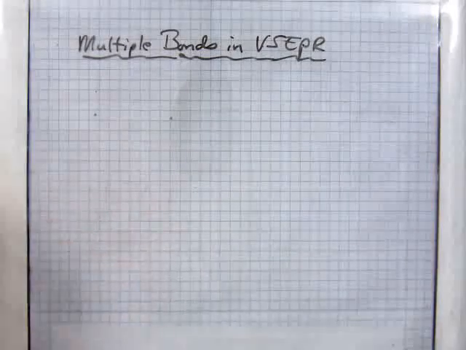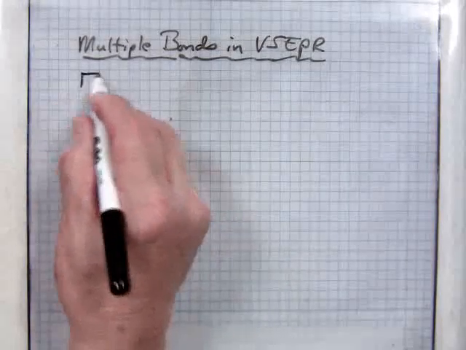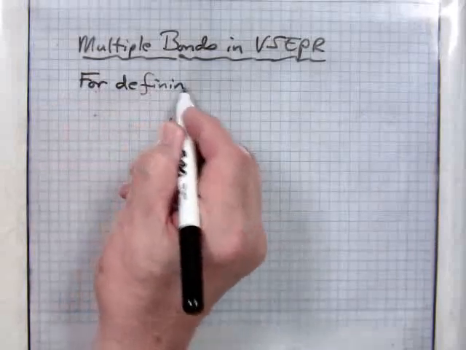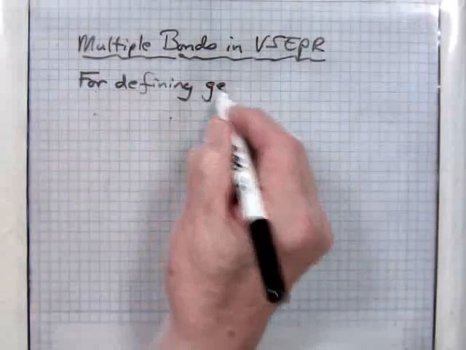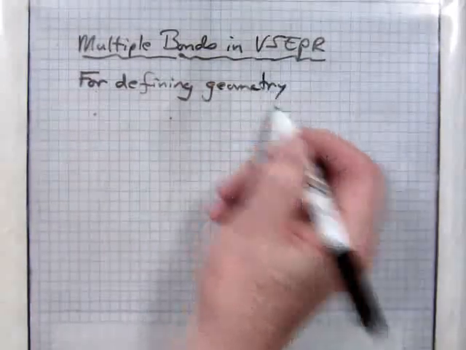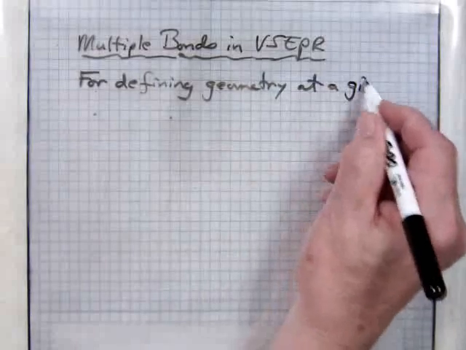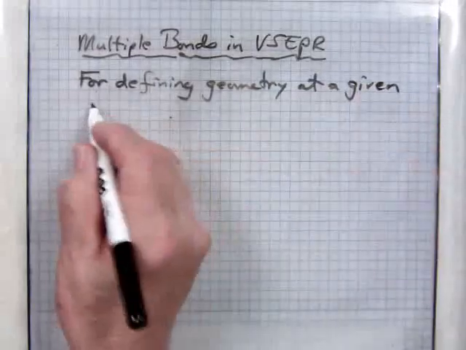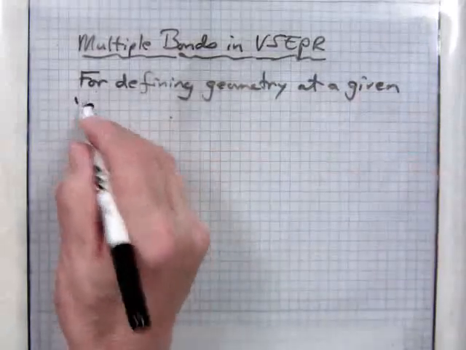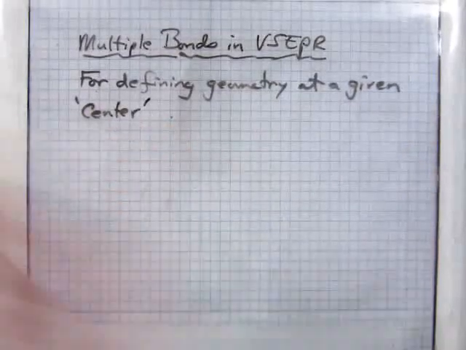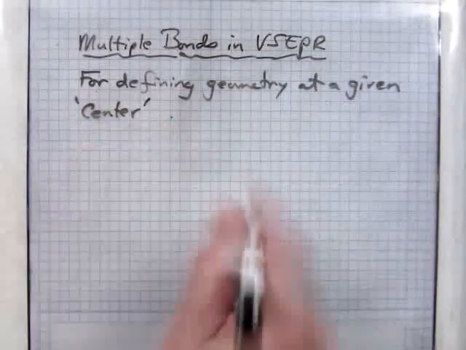For the sake of defining geometry at a given center, in other words, we're talking about the binaries, AX at the center A and with the attachments.